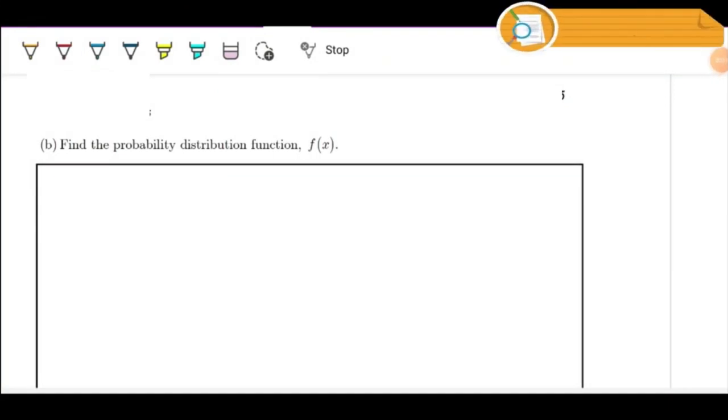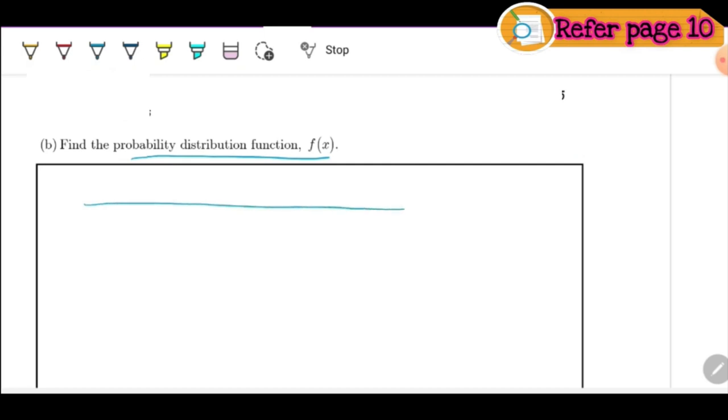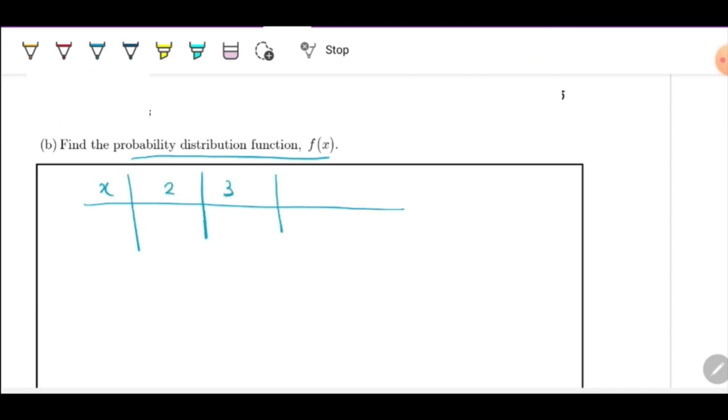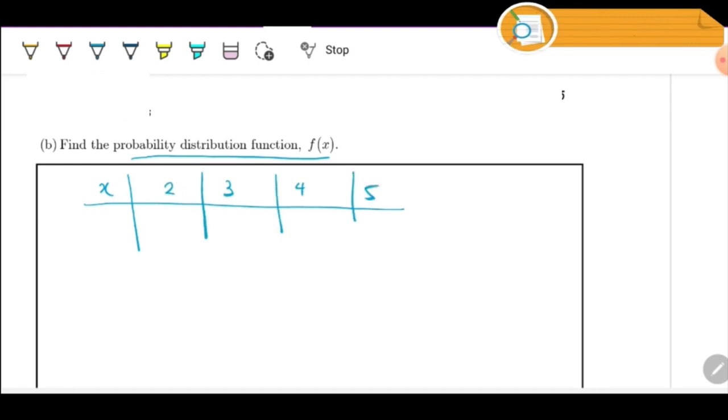Example 3b. Find the probability distribution function or PDF from the CDF. Firstly, convert the CDF into a table. So draw a row and a column. The first row represents the x, so we start from 2, 3, 4 until 5.